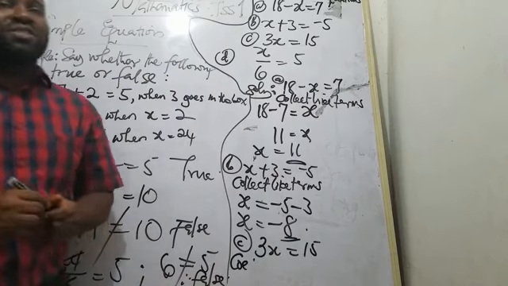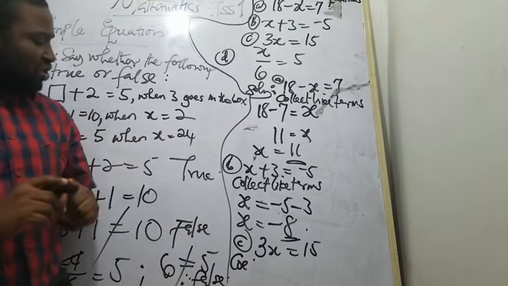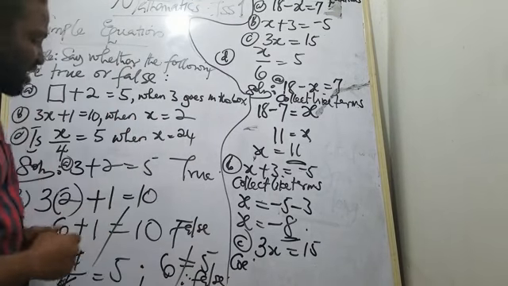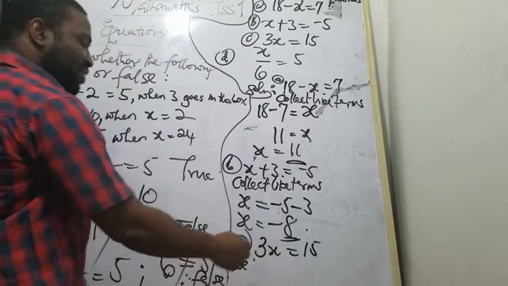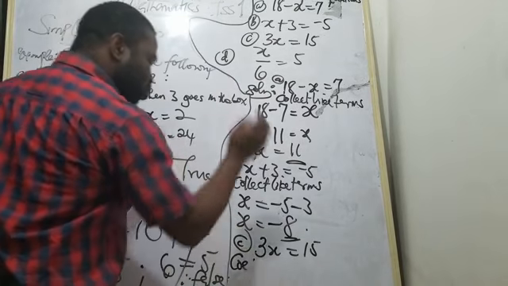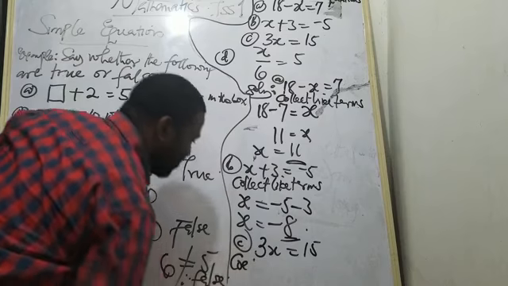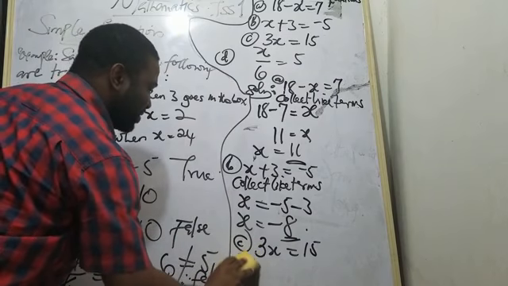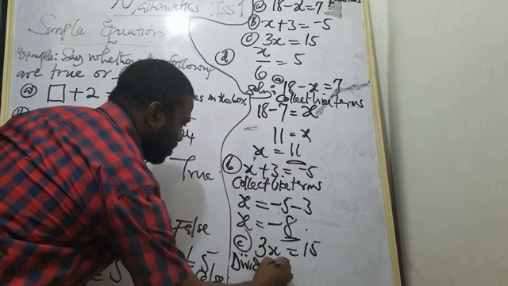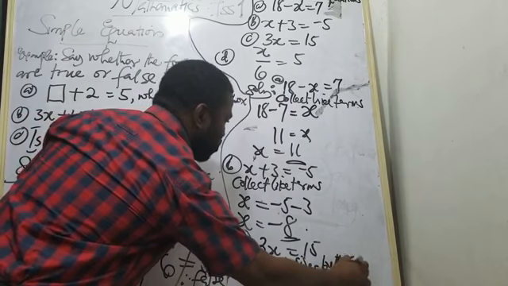Once you see that, the first thing you need to do is what? To divide both sides by the coefficient attached to that variable. We have the variable and we have the coefficient. What you need to do is to divide both sides by the what? Coefficient. Divide both sides by the coefficient.